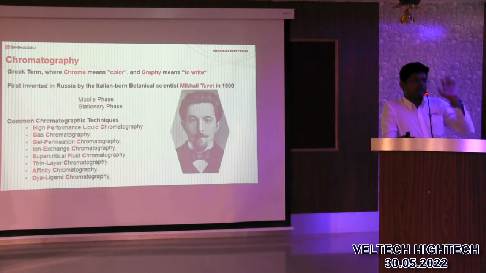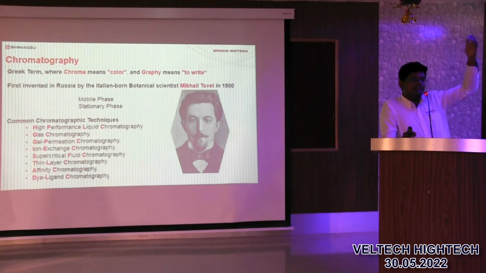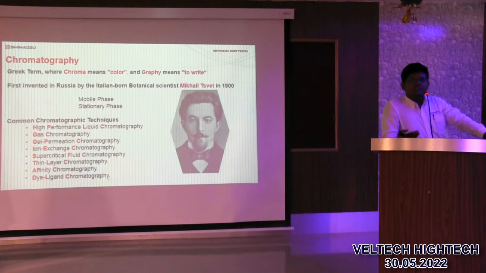It was not moving, whereas the solvent was a moving one. So the moving phase is called the mobile phase, and the stationary one is called the stationary phase. These two are the requirements to carry out chromatography.